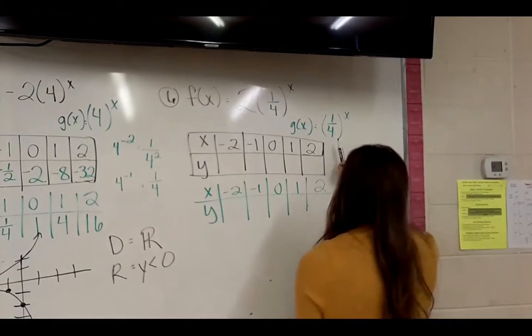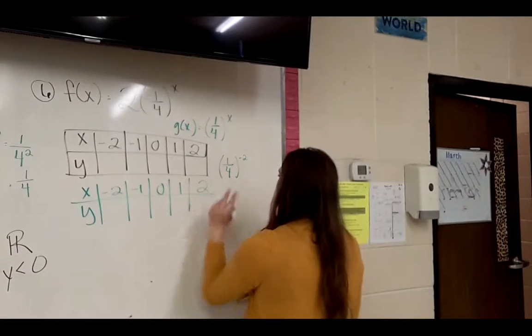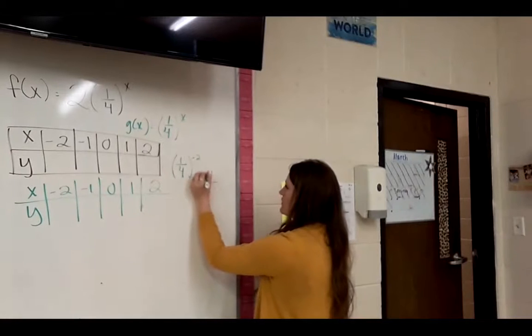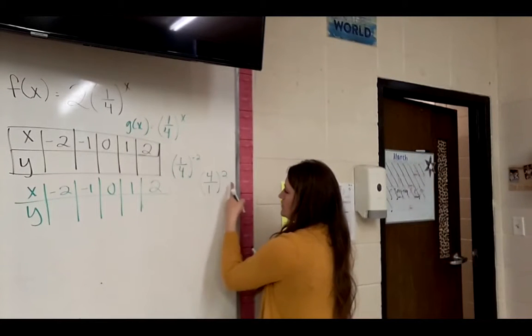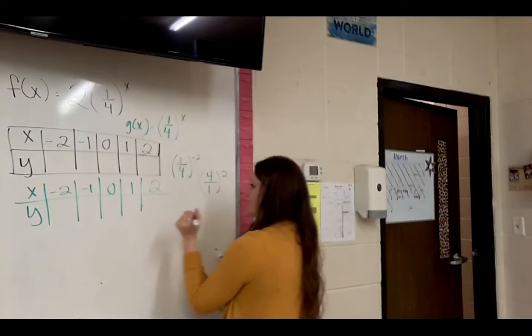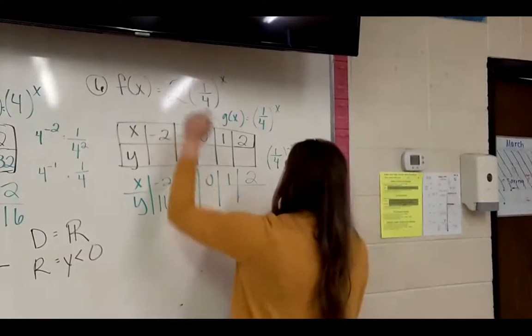Okay, so I have 1 over 4 to the negative second power, which means we're going to flip that to the second power, which really goes to both of them, but 1 times itself is just 1, so 4 squared is 16.